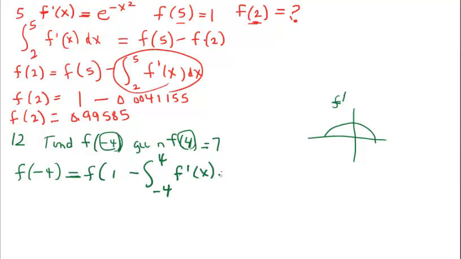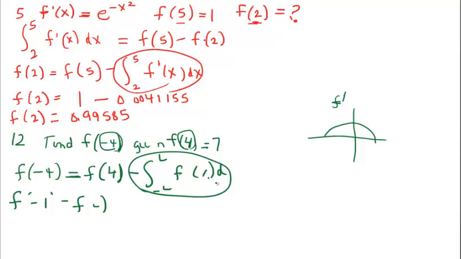So if we think about how to solve this problem, we know the value at 4, easy enough. Later, we're going to replace it with 7 here. And then I'm going to subtract what I get from this integral right here. Remember, that's f prime of x dx.